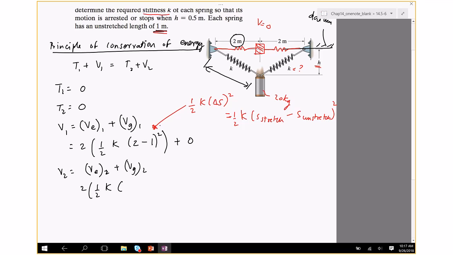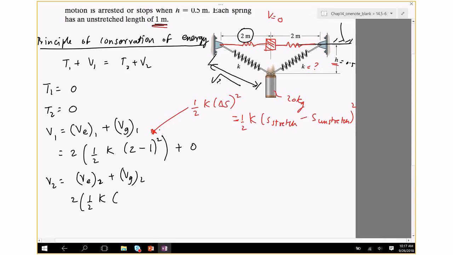From Pythagoras theorem, since h is 0.5, it's 2 squared plus 0.5 squared, minus the unstretched length. Don't forget about that. That's still 1. It's a property of the spring. And this whole thing should be squared.